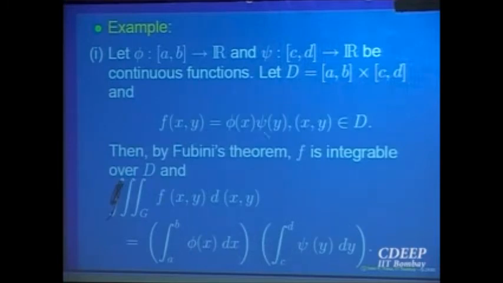So for this function f(x, y), the product of phi(x) and psi(y), if phi and psi are both continuous, then the double integral is equal to the product of the individual integrals by Fubini's theorem. That is also a typo, it should be d.